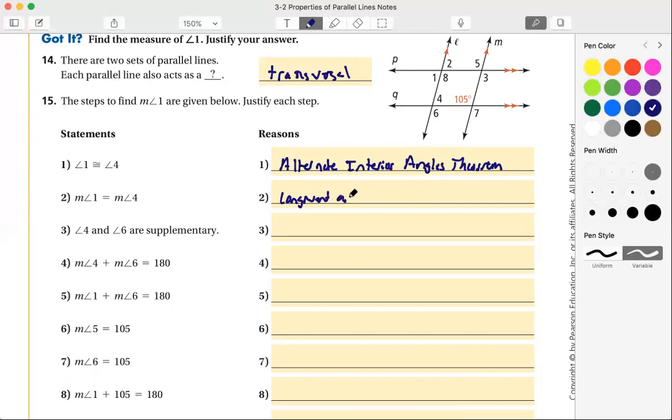So congruent angles have the same measure. Now, 4 and 6 are right here. They're on the same side, on the same line, aren't they? So 4 and 6 are supplementary because of the linear pair postulate.